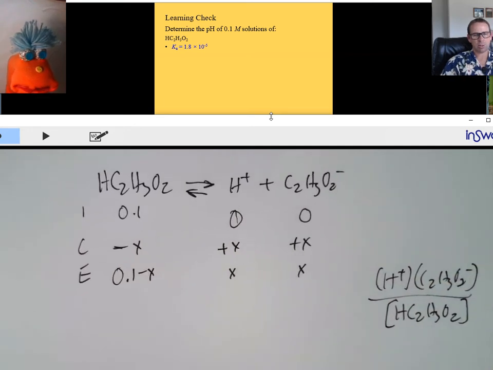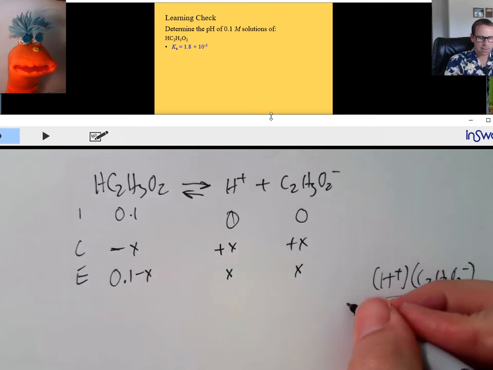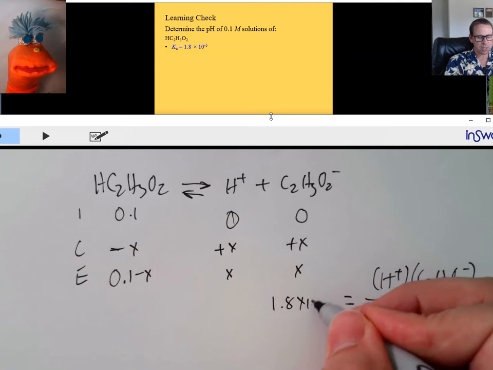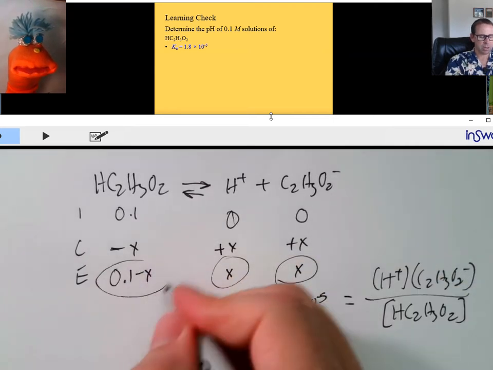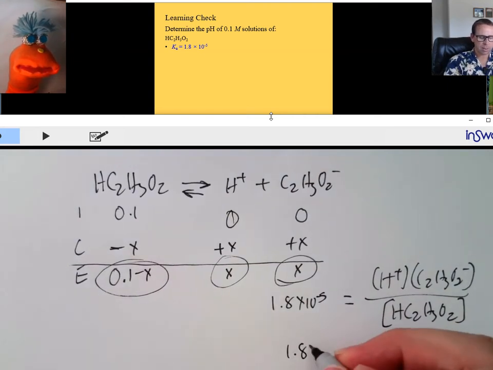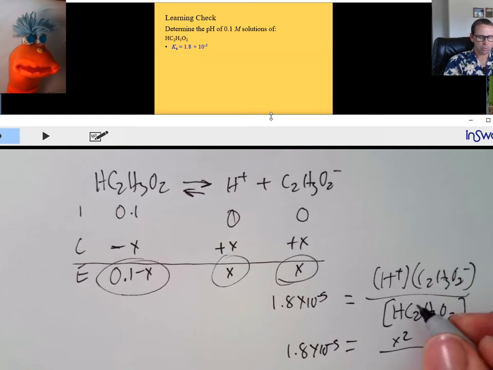That's my equilibrium expression for that reaction. And I can see that this is going to equal, at equilibrium, a value of 1.8 times 10 to the minus 5. These represent the equilibrium concentrations in terms of the variables and the values that we know. So I can just plug those in. 1.8 times 10 to the minus 5 is going to equal x squared over 0.1 minus x.